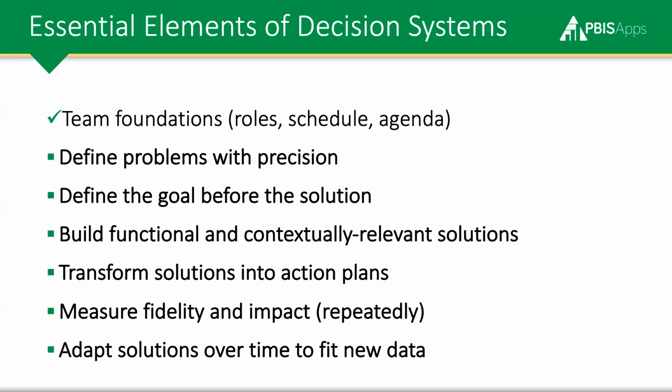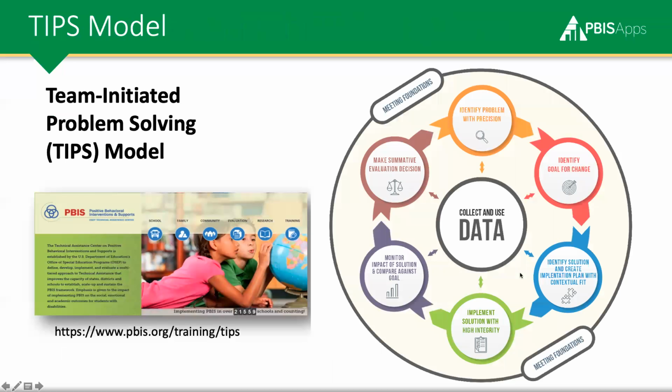The other piece is the problem solving process, and that is what we're going to cover this morning. Everything from defining your problems with precision to defining a goal, starting to build an action plan around that, and then we'll talk about fidelity and then outcome measures. So all of these bullet points on this slide are what we're going to cover this morning, which is just the problem solving process, which is part of TIPS.